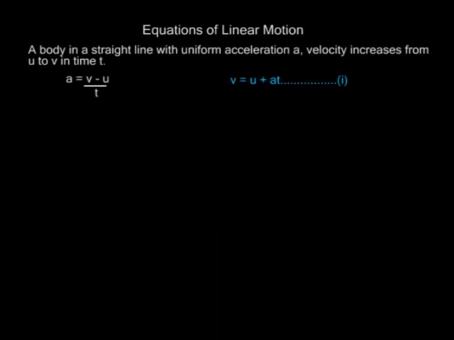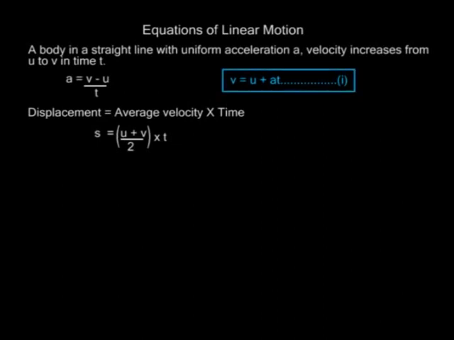Then again, the displacement s of the body is given by displacement is equal to average velocity times time. Average velocity is u plus v over 2, and then we multiply by t to get displacement. But then again, v is equal to u plus at. So we substitute v in the above equation.